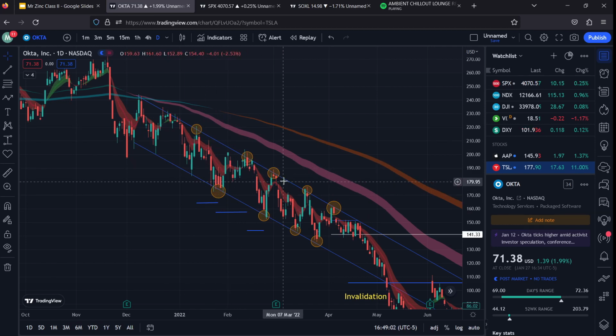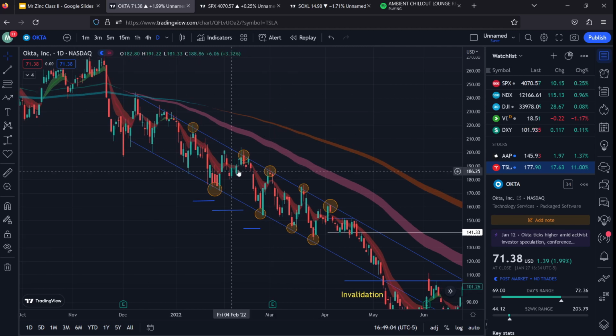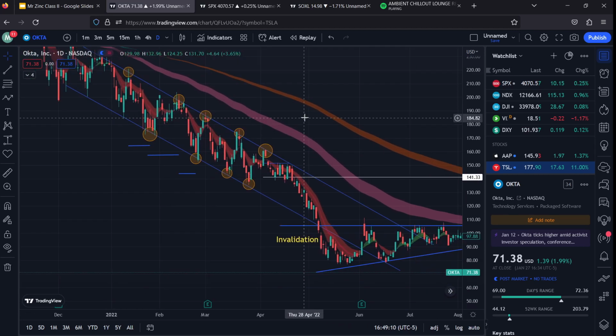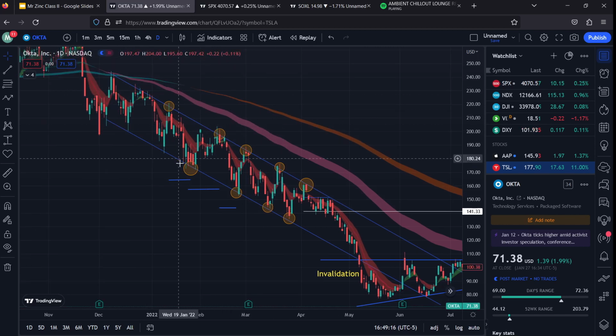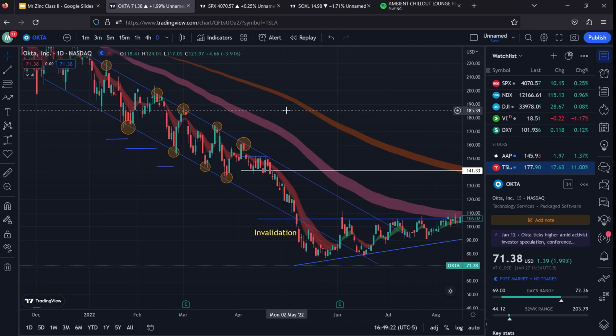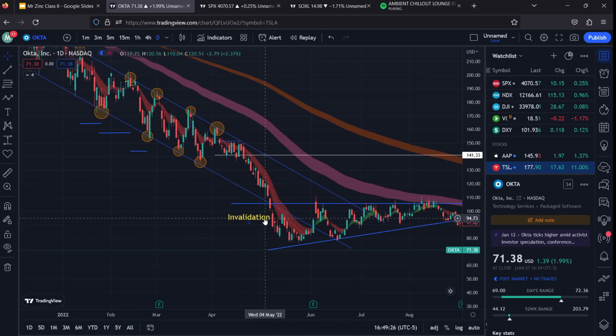You do that all the way down, and in this case, I think this gave us a good 3 to 4 trades. The longer they last, the more invalidated they get. So you can see at the top here was relatively consistent with how long it took to reach one line from the other, whereas at the bottom it started getting pretty messy, and then it ultimately invalidated itself. So they don't last forever.